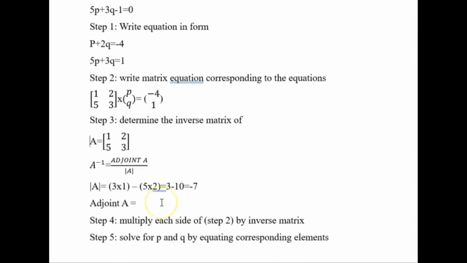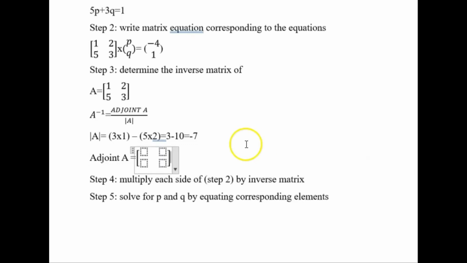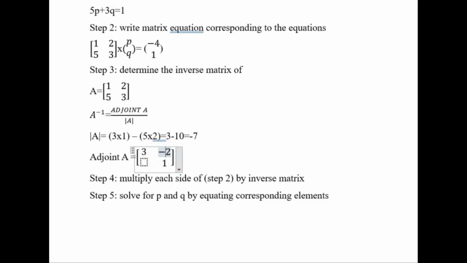So we'll have adjoint A is equal to 3, 1, then negative 2, negative 5. So that is the adjoint.